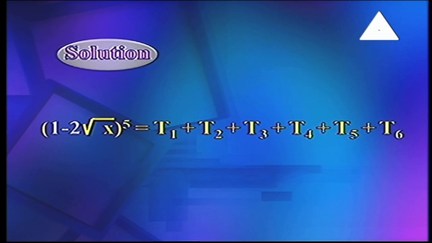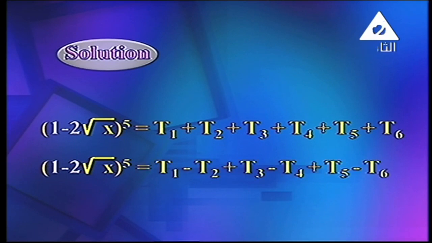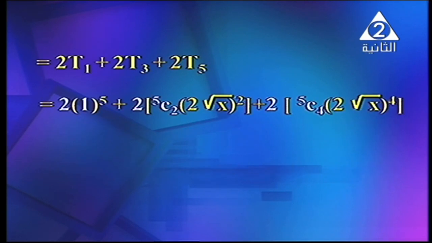(1 - 2√x)^5 has 6 terms, and by the same method, for (1 + 2√x)^5 and (1 - 2√x)^5 we have t1, t2, t3, t4. The first term is plus, the second term is minus. By using addition, we calculate 2t1 + 2t3 + 2t5, or 2 multiplied by (t1 + t3 + t5). t1 equals 1.